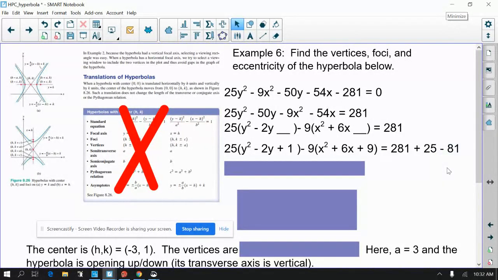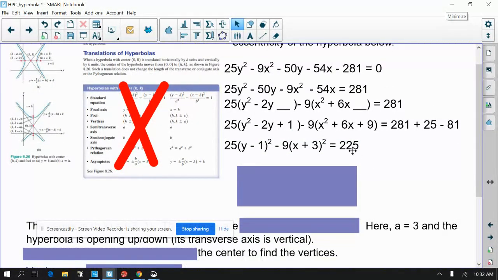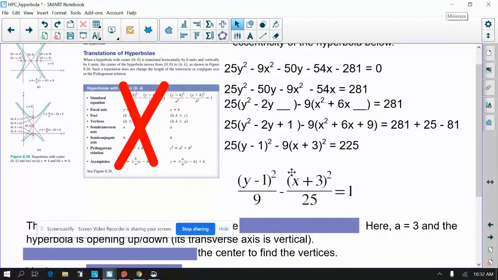So you have to subtract 81 on the other side to keep the balance. And then you factor, you add these up in your calculator, you divide. Now we divide by 225. The 25 cancels out, leaving you with 9 in the bottom. And this 9 cancels out, leaving you with 25 in the bottom.